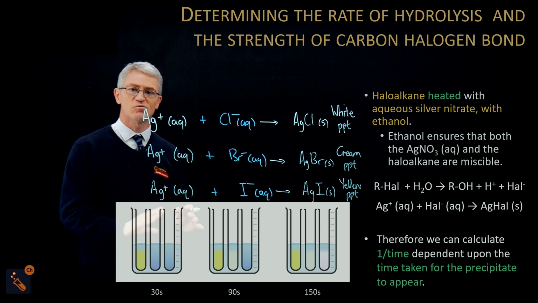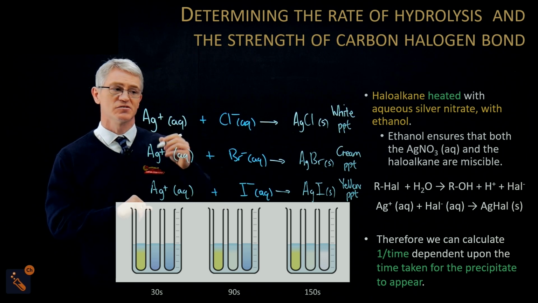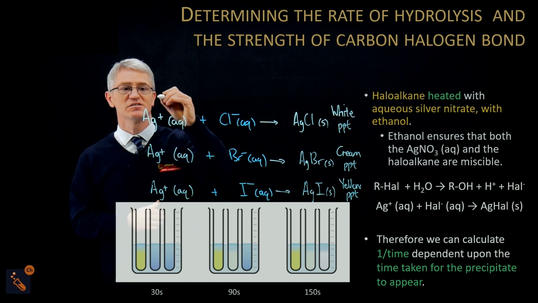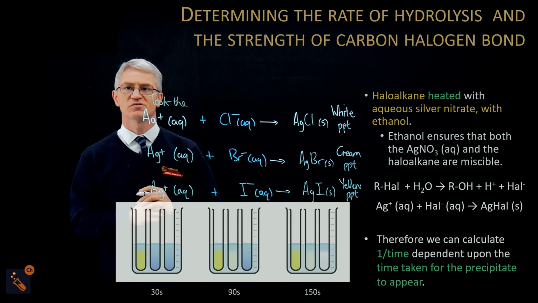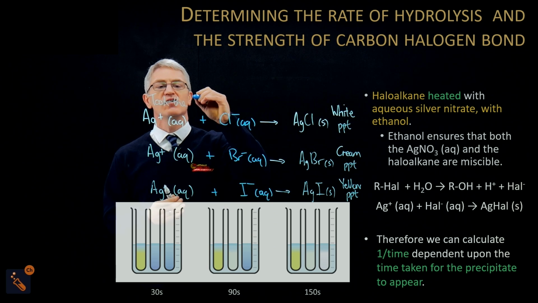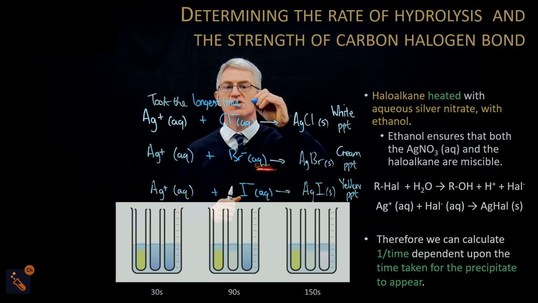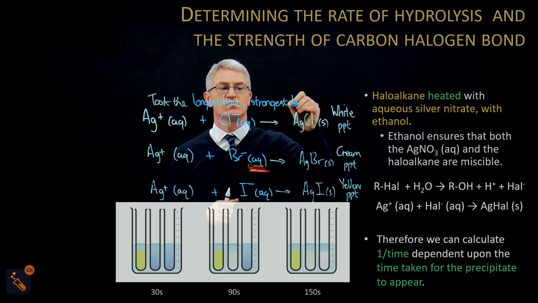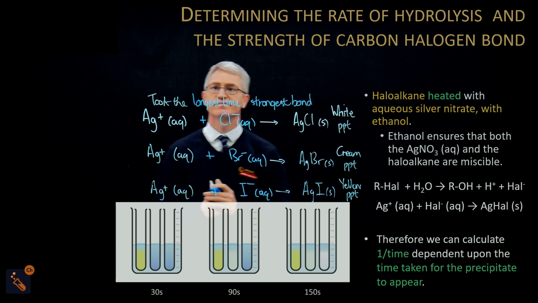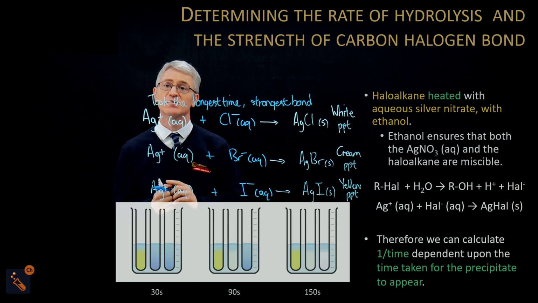Now, the one that took the longest was the chloro. Okay, so what we're going to write here is that it took the longest time. Okay, therefore it is the strongest bond, and that means it has the highest bond enthalpy.